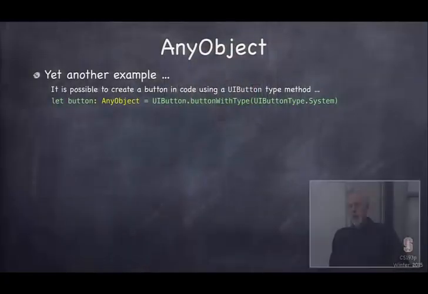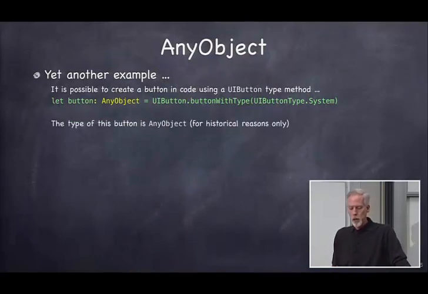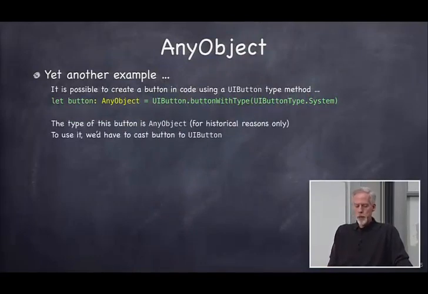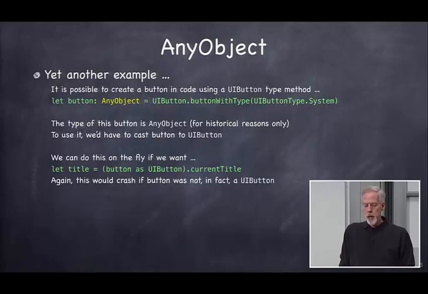So here's one more any object thing. Let's go back to that button thing. I told you the button with type returns any object. So if I got a button and I wanted to find out its title, I have to cast it. I can cast on the fly, right inline.